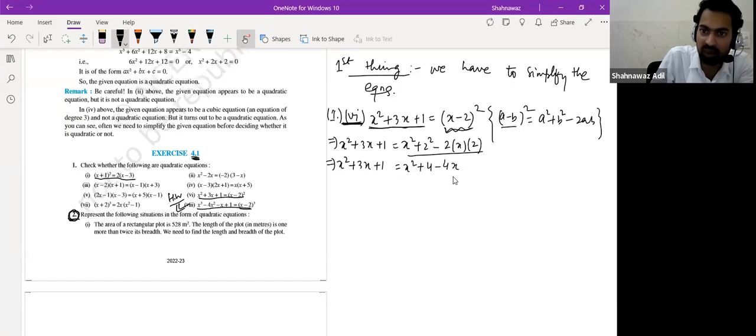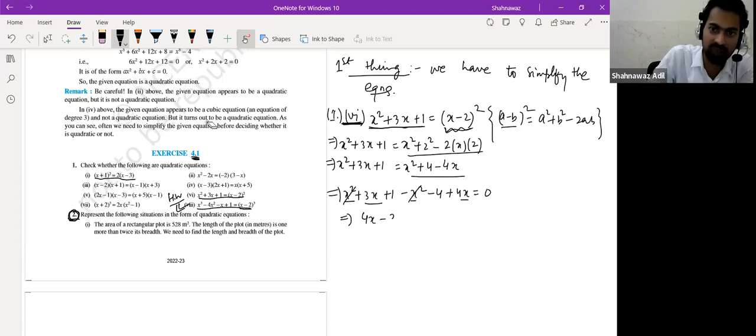So again, we will take all these terms to this side. So 3x plus 4x is 7x, and this guy cancels out, right? So this is 7x and minus.